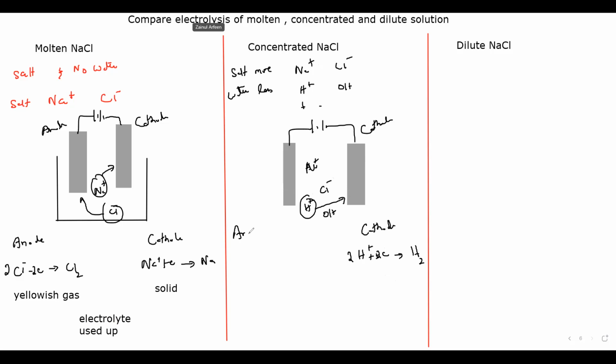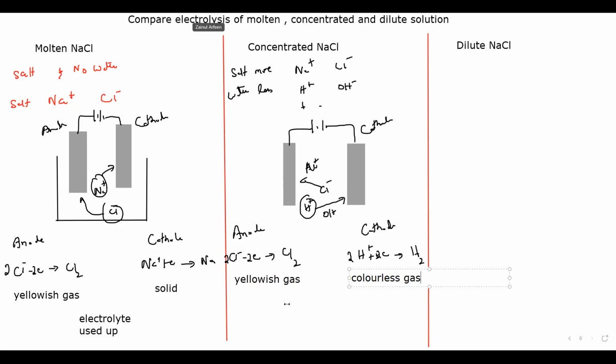And what about anode? For negative ions, we check the amount, because it's a more concentrated salt, so Cl will move there. When one chloride ion moves, it will lose one electron and form chlorine atom. When two chloride ions are there, they will lose two electrons and form chlorine molecule. So the observation again is yellowish green gas, and because hydrogen is there, a colorless gas.